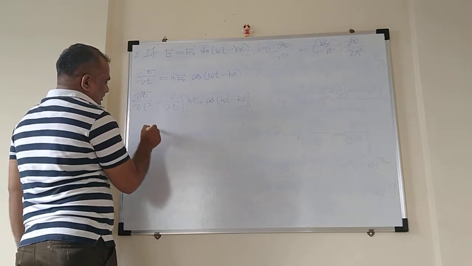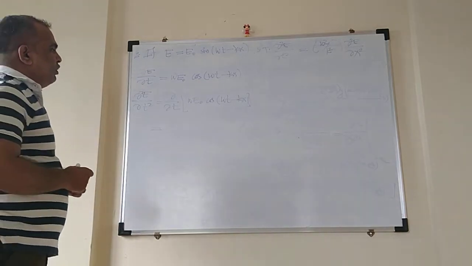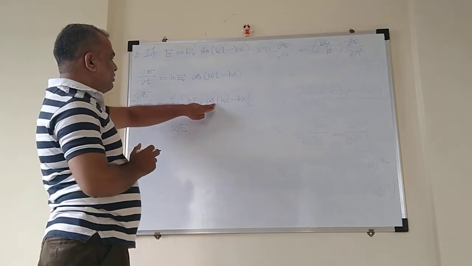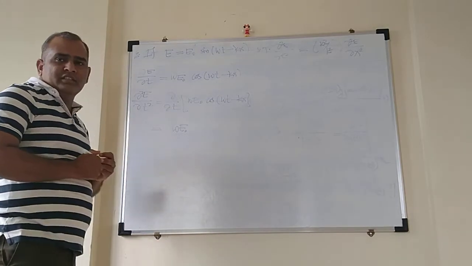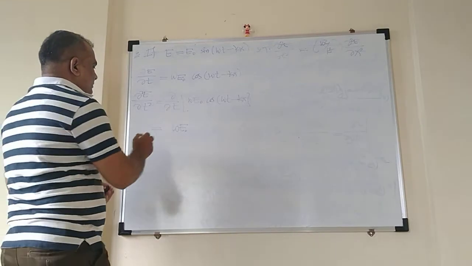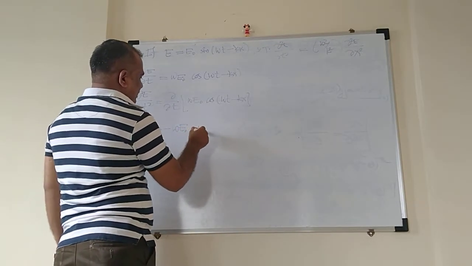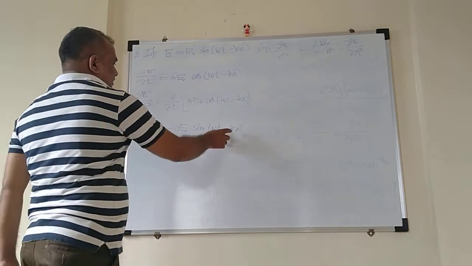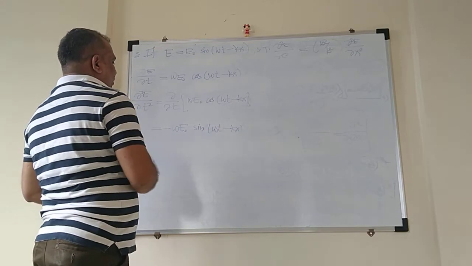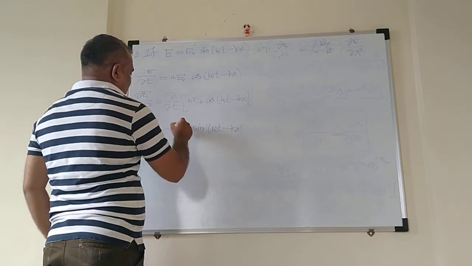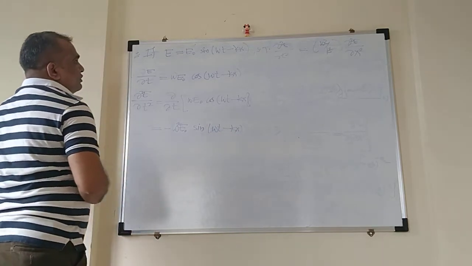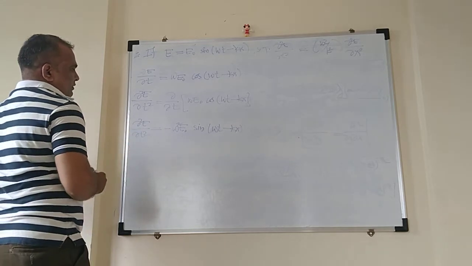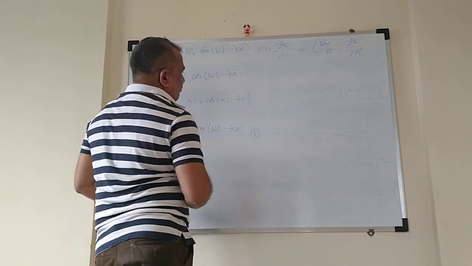Omega E naught is a constant, and I can write it outside, and the differentiation of cos is minus sine of (omega t minus kx) into the differentiation of this bracket with respect to t, which is omega. This omega and one more omega will make omega squared E naught. So this is for ∂²E/∂t². Let me say this is equation number 1.